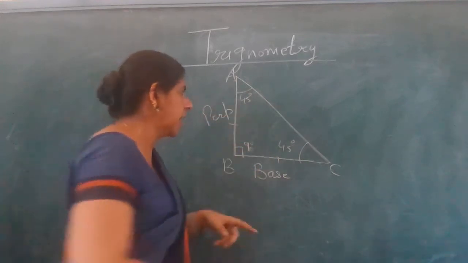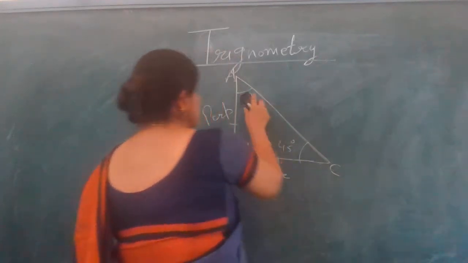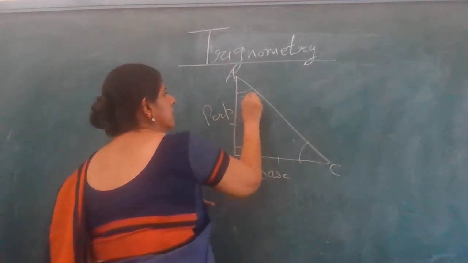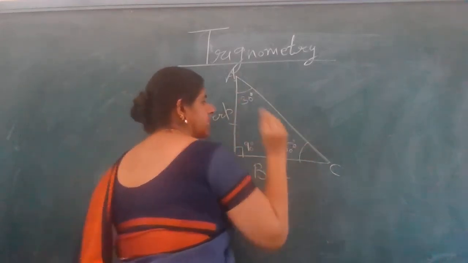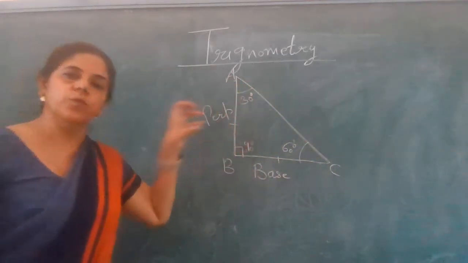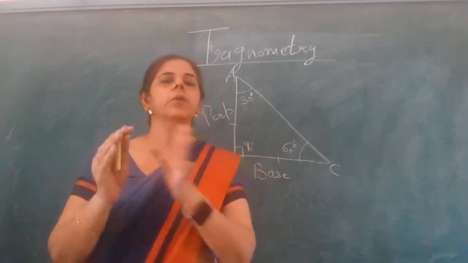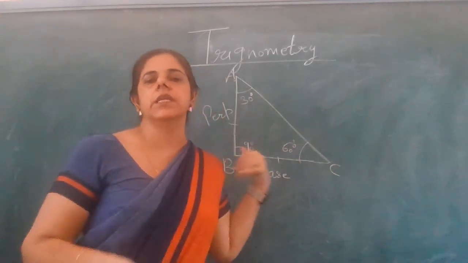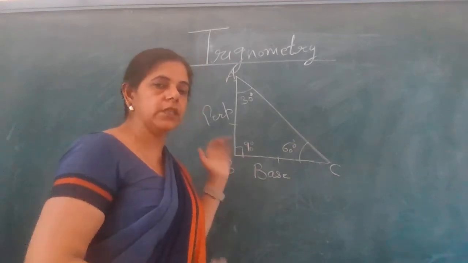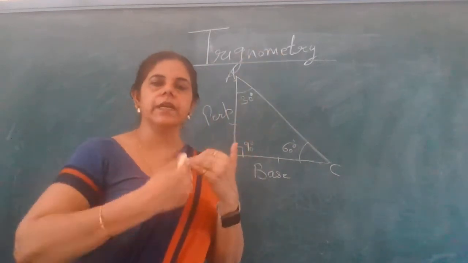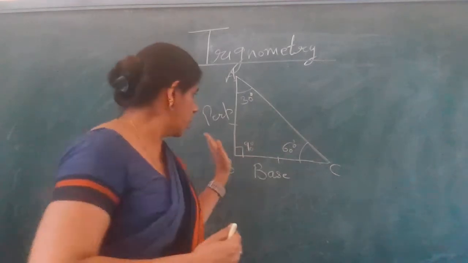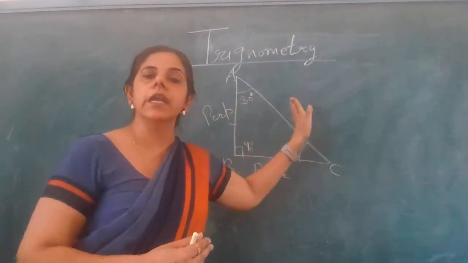And if we have this as 30 degrees or 60 degrees, again this is the largest angle. So one thing we always keep in mind: in a right angle triangle, 90 degrees is the largest angle. And when we see the opposite part of 90 degrees, that is also the largest side. So opposite of the 90 degree angle is our largest side.